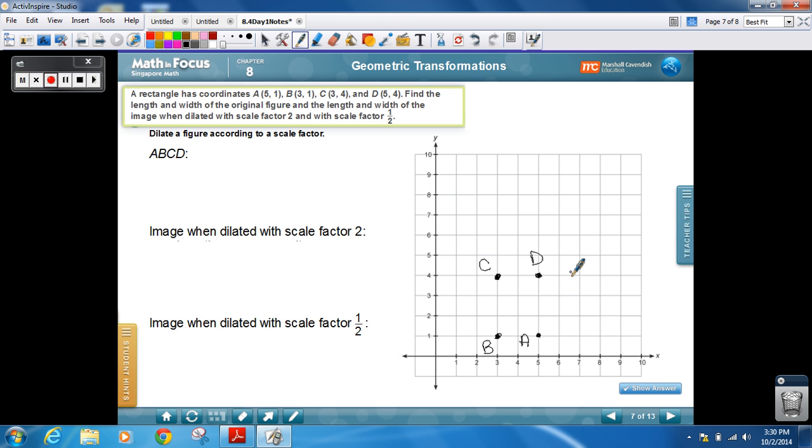Find the length and the width of the original figure and the length and width of the image when dilated with a scale factor of 2 and a scale factor of 1/2. So it's not asking me to draw any of the other ones. It's just asking me to find the side lengths. So the side lengths of A, B, C, D would be 2 by 3.